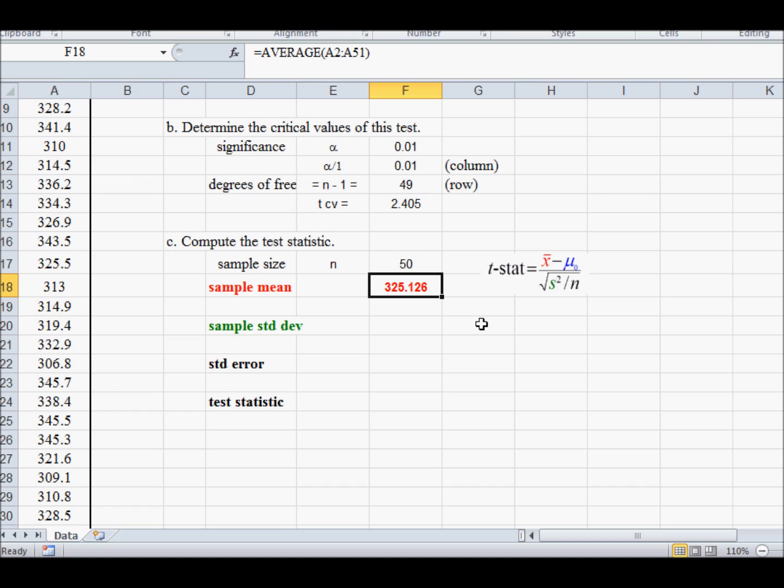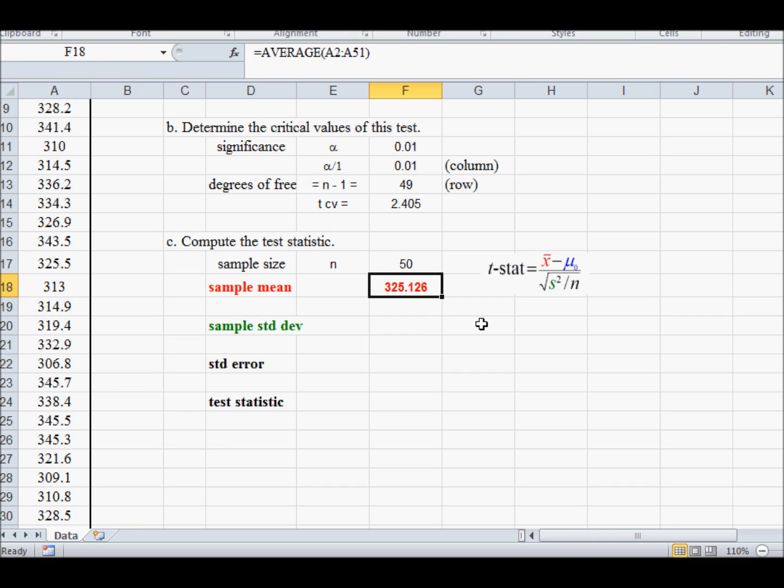Now, all of us in class today are going to have different values of the sample mean. Why? Because remember, when we pulled this data from case 1, we all got different numbers. We all have different samples of size 50. So some of you might see 327.3, some of you might see 324.98, and so on.